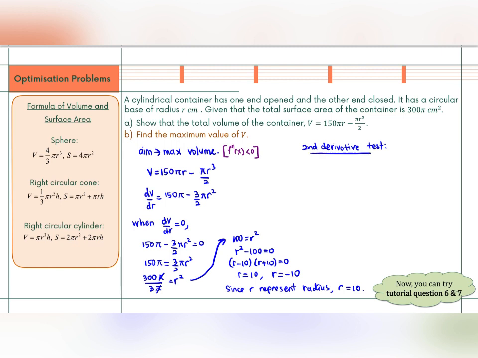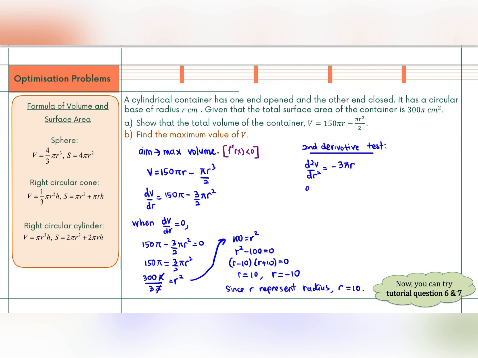In the second derivative test, we need the second derivative, d squared V over dR squared. You differentiate this once more. 150 pi has no R, so it will be just 0. Differentiating negative 3/2 pi R squared, we get negative 3 pi R.